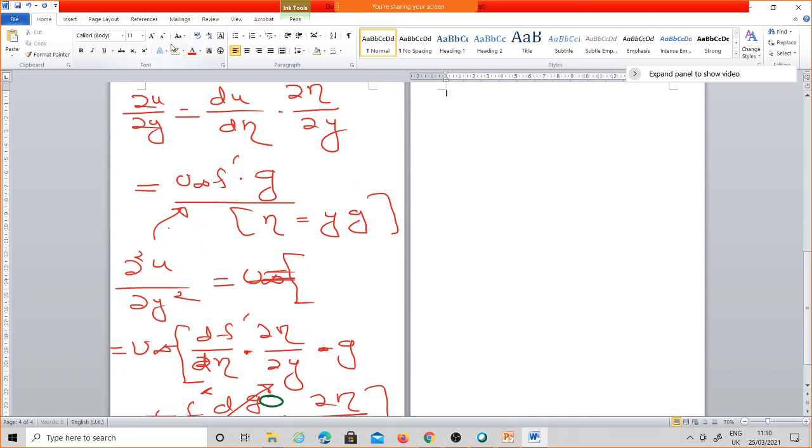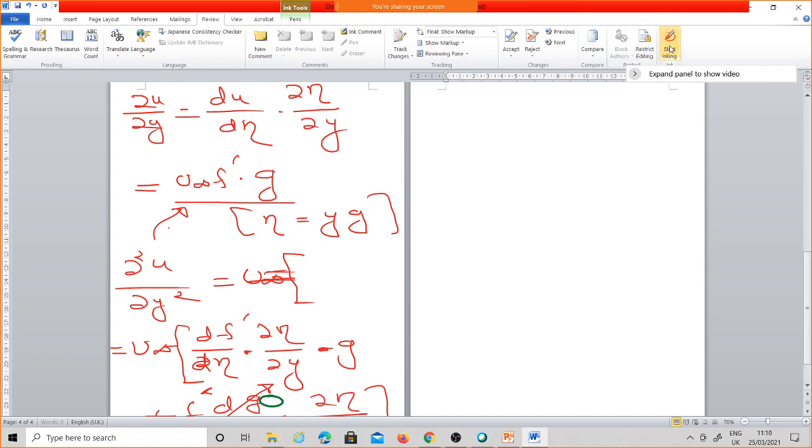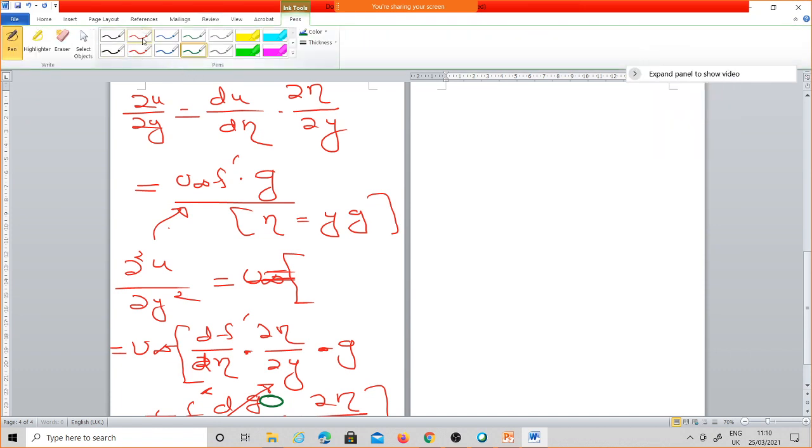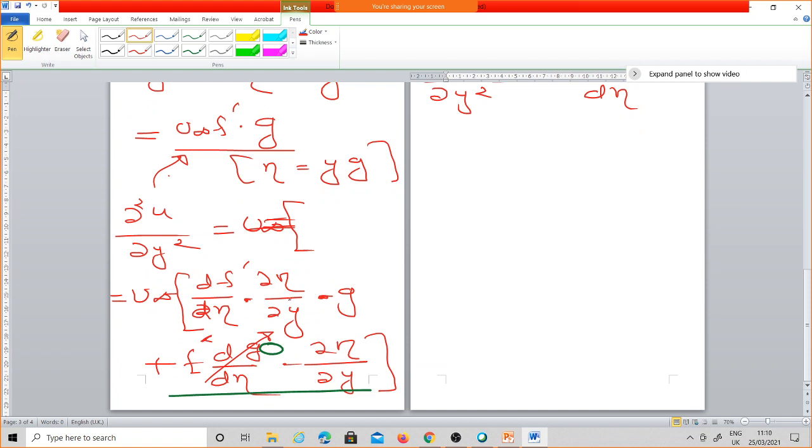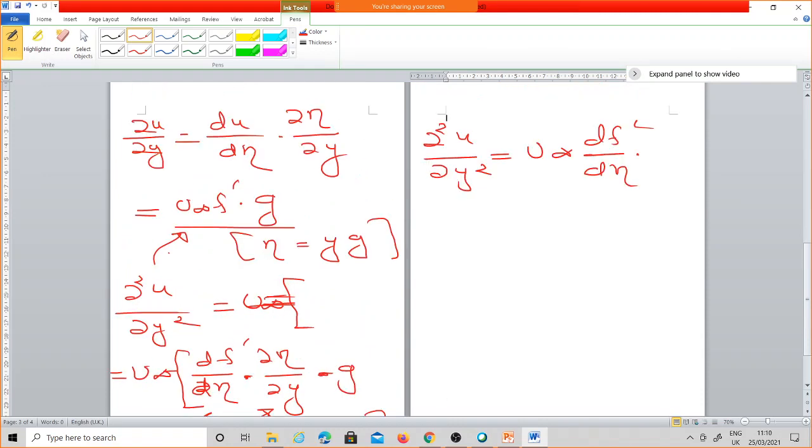So what you will have at last: del square u by del y square is equal to u infinity, then you have df prime by d eta, then d eta by dy means g, because eta is yg, so d eta by dy should be g, and there is another g, so g and g will become g square.